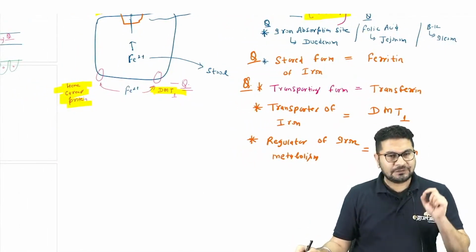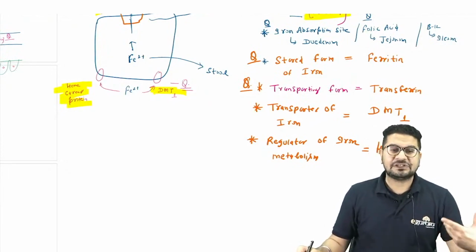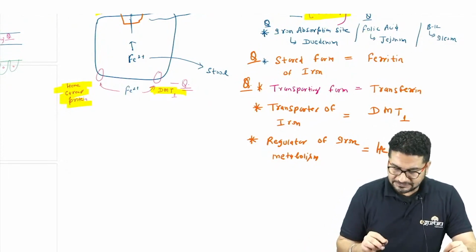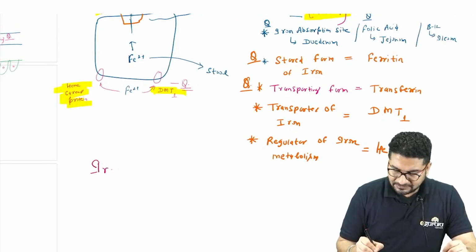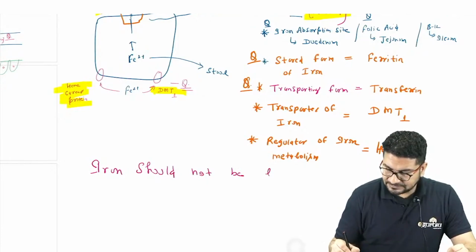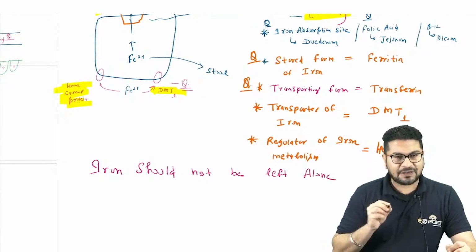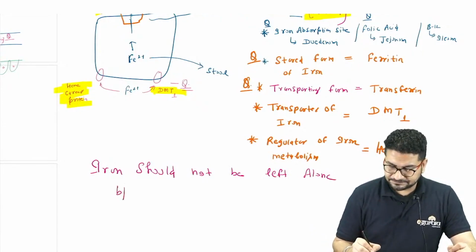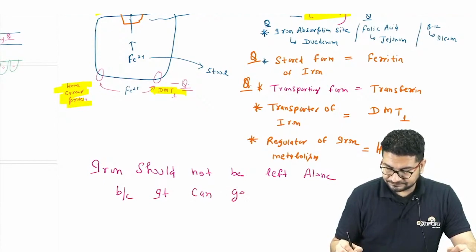The reason is, if you leave iron alone, it may generate free radicals. So iron should not be left alone. It's a cunning element. You should not leave iron alone, because it can generate free radicals.